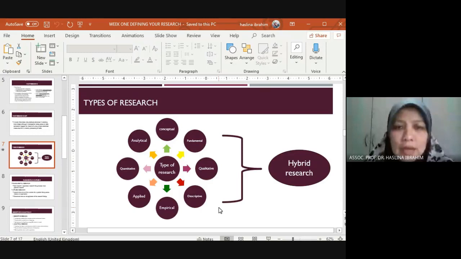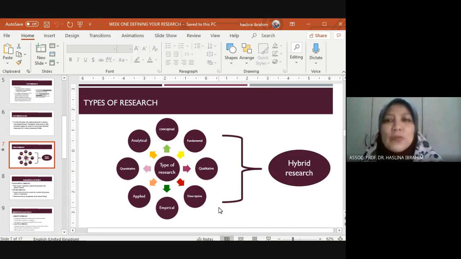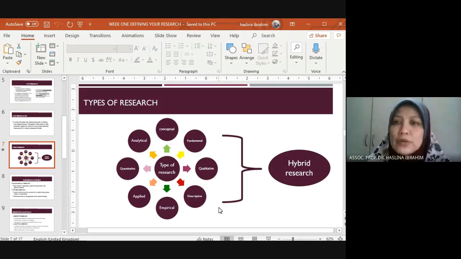And descriptive. Descriptive research doesn't mean that you describe and you don't analyze. Descriptive research needs you to describe certain phenomenon and analyze it. For example, when you conduct empirical research, you use the observational method. You observe, right? Do you need to explain what you have observed? Yes. So you need to use this descriptive approach because you are adopting the observational method.